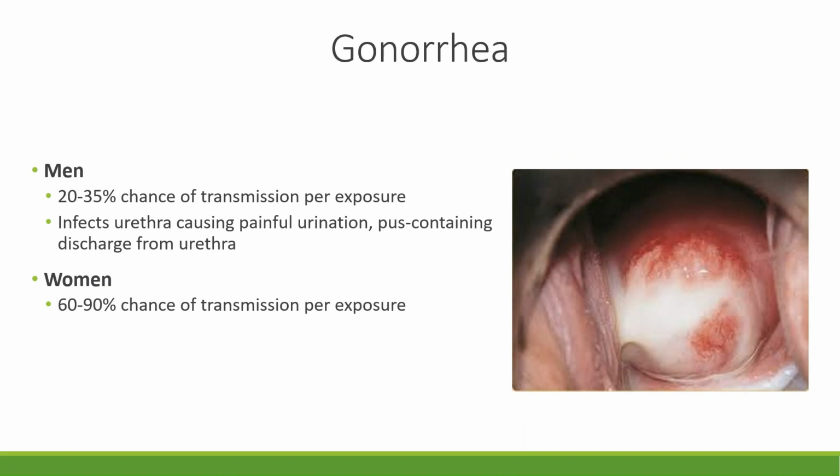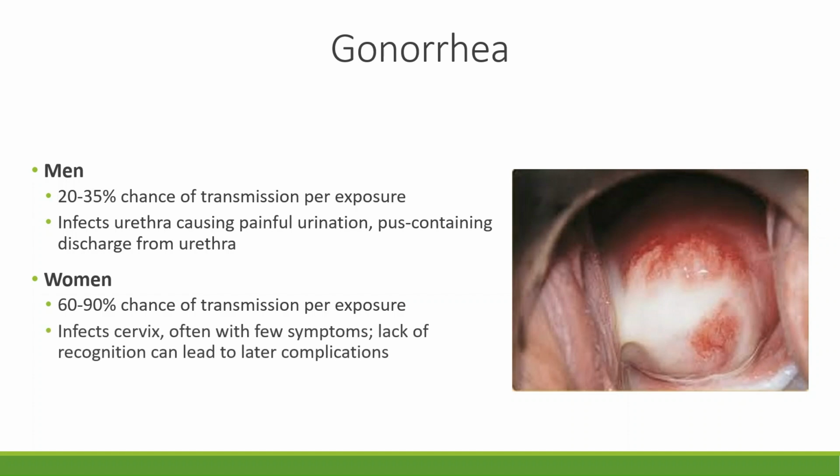Unlike men, gonorrhea in women infects the cervix and can have few or no symptoms, which makes it easy to miss. However, when symptoms do show up, they may be mild, like slight discomfort or increased vaginal discharge.